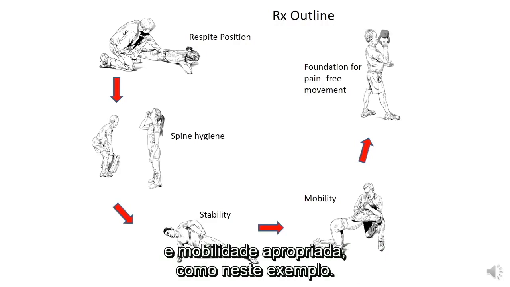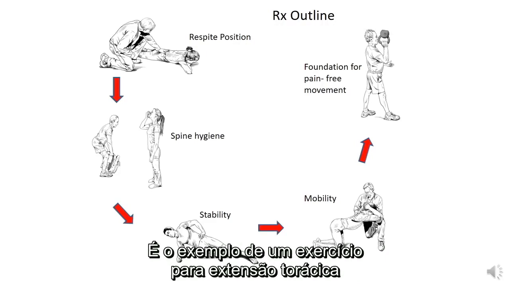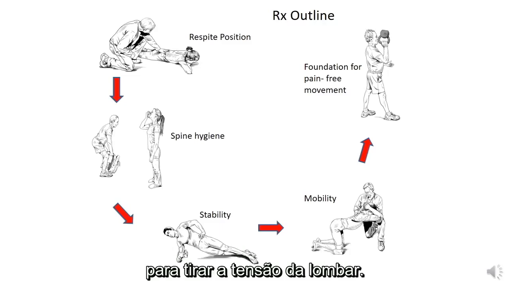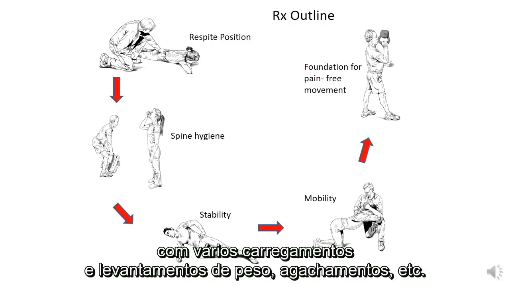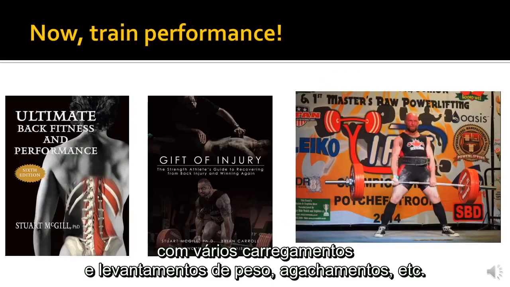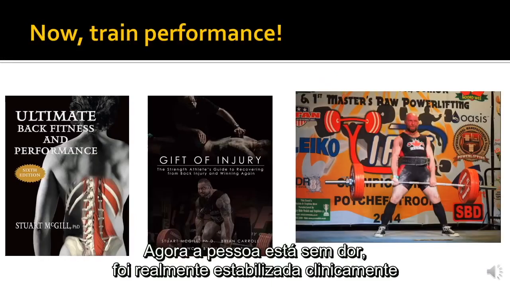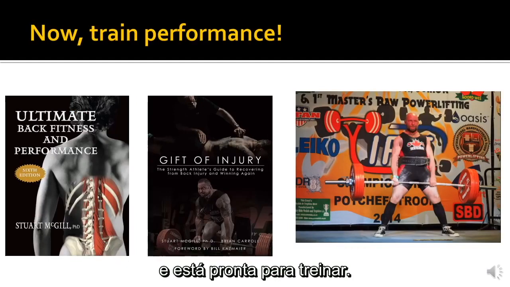In this example, it's a drill for thoracic extension to de-stress the low back, and then move them into building a foundation for pain-free movement with various carries and lifts and lowers and squats and so on. Now the person is out of pain, they've been truly clinically stabilized, and they're ready to performance train.